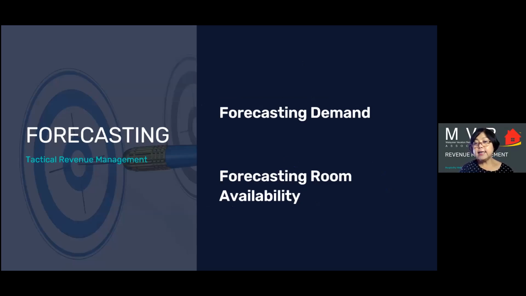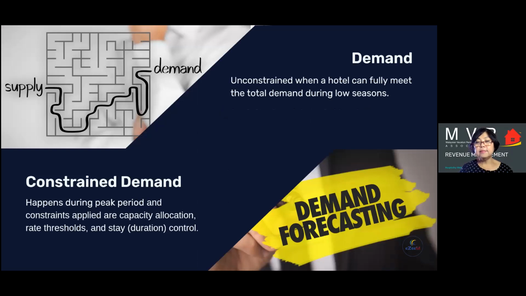Now, forecasting and demand. You have limited inventory, so you have to forecast. I think if you have one apartment, then it's easy, but you still need to do some yield management on your one property. But if you have more than one apartment, say 20 units, you need to do forecasting on seasonality and seasonal travelling.